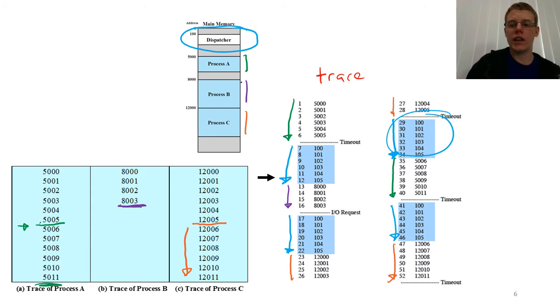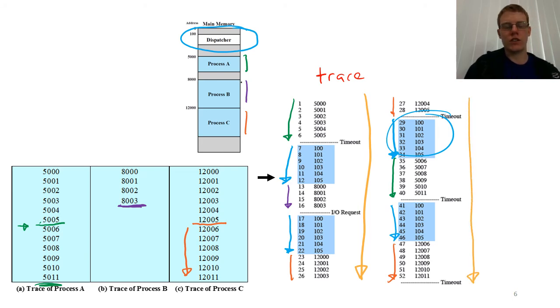And we can see that in terms of the overall time taken for the process to run, far more instructions have been executed to execute all of these instructions than would have been needed to just execute the processes if we had run simply all of process A, all of process B, and all of process C. But we can obviously imagine how that would be a terrible scenario to have in reality, to simply be trying to run one process until its conclusion, if that process, for instance, never ends.